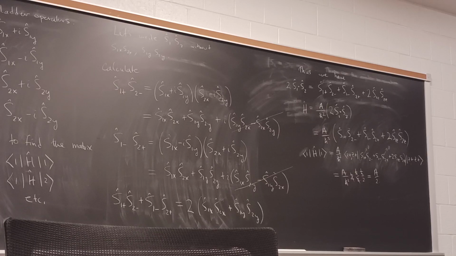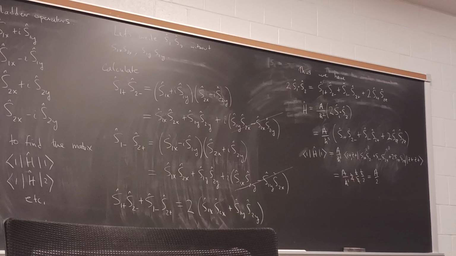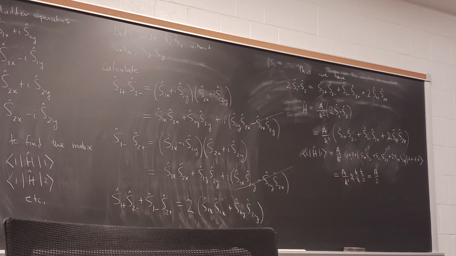Okay, so let's try another one. So H here, this is our matrix representation. We have A over 2 here, and now we have 4 times 4, so 15 more to do.